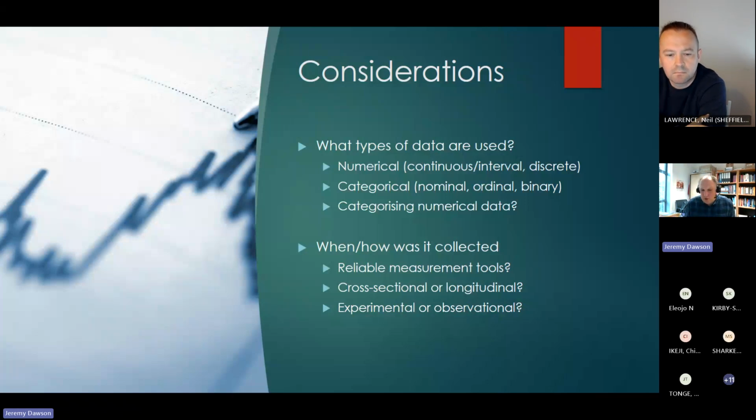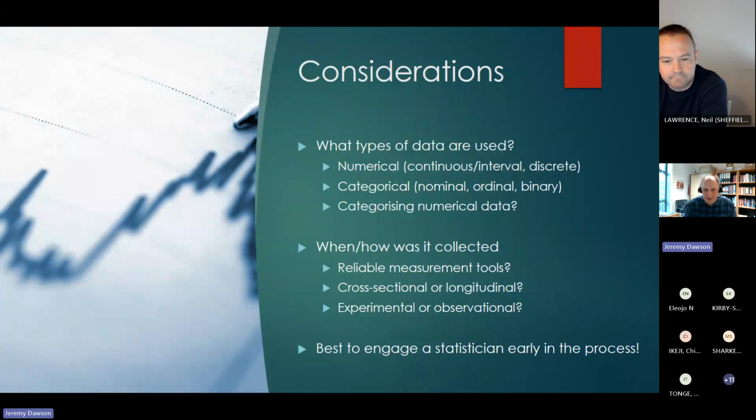But if it's just observational data, there's a lot less certainty you would have about that, even if it is collected over time. And the methods you need to help establish causality there are considerably more complex. But one thing I would always say is, if you're doing your own study, it is best to engage a statistician as early as you can in the process, because they will always be thinking about these things from the very start.